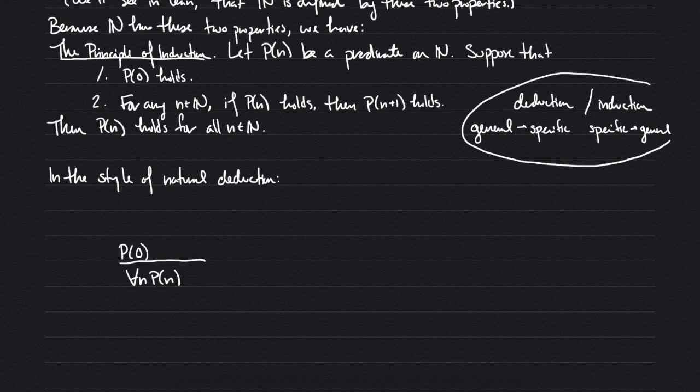First, a reason why P of 0 holds, and then the proof that P of n plus 1 holds from the assumption that P of n holds. If we can supply these two things, then we can conclude that for all n, P of n holds.